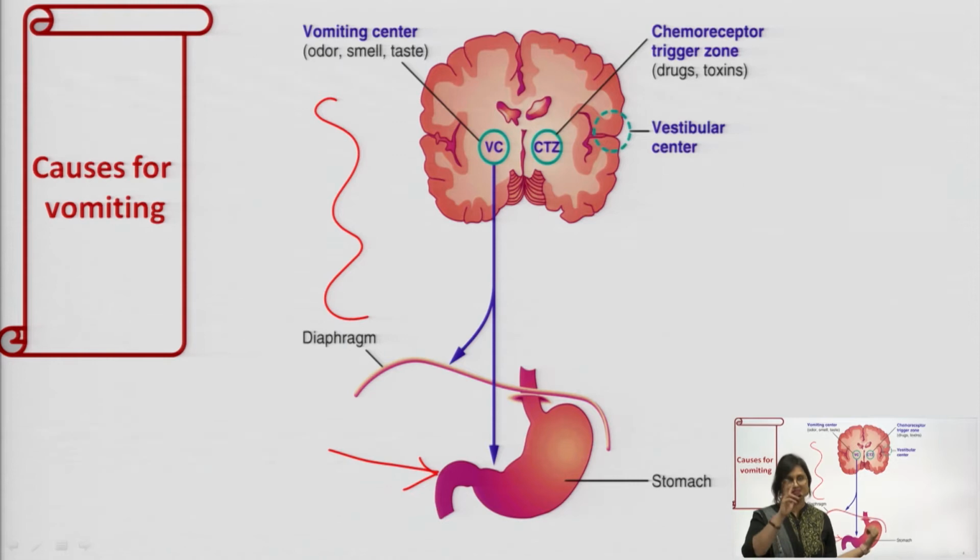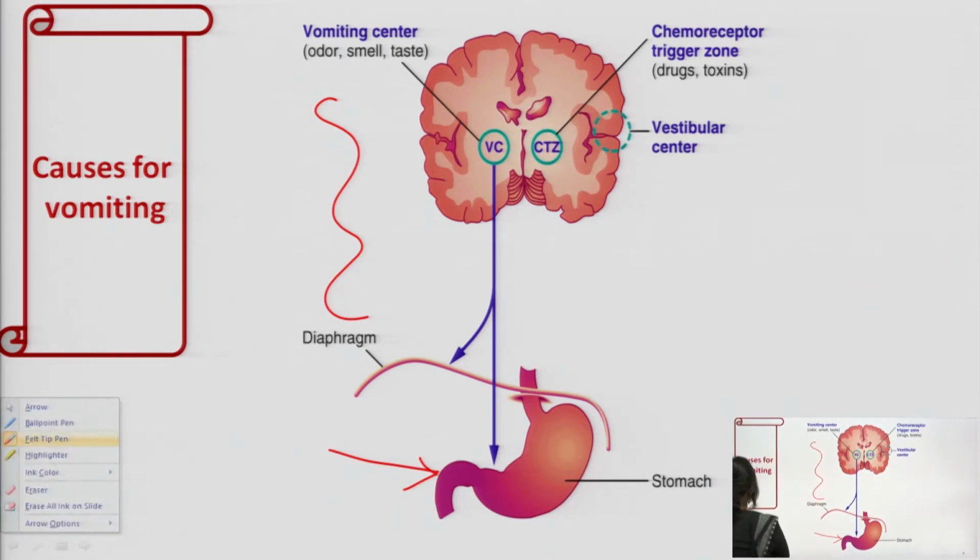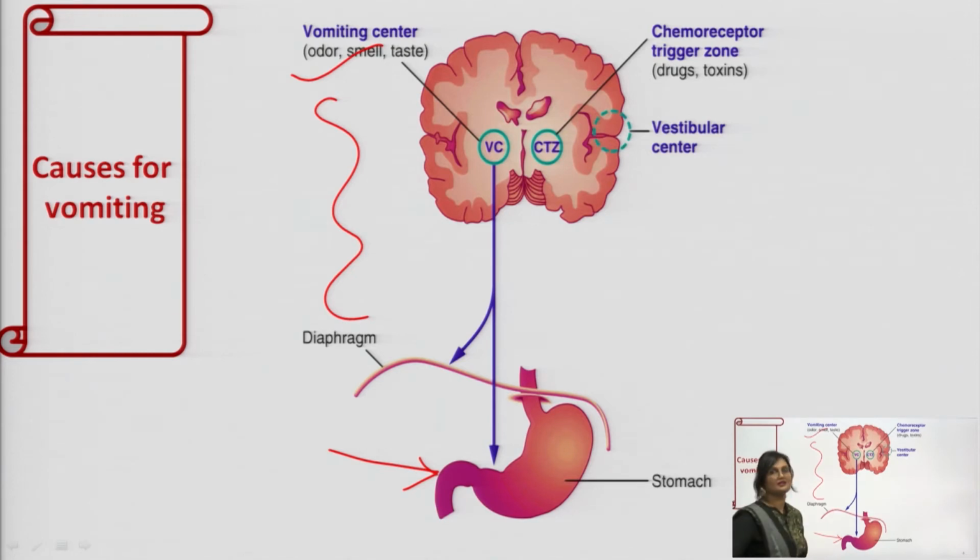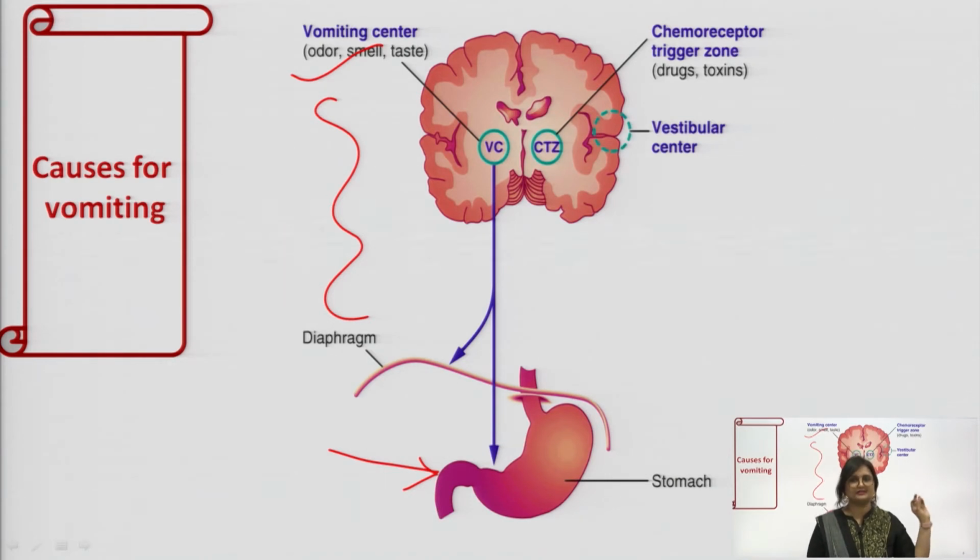The second is stimulation of the vomiting center. How and when is this vomiting center stimulated? This vomiting center is stimulated due to the presence of odor, smell, taste.